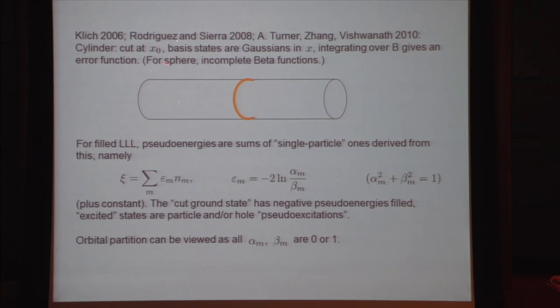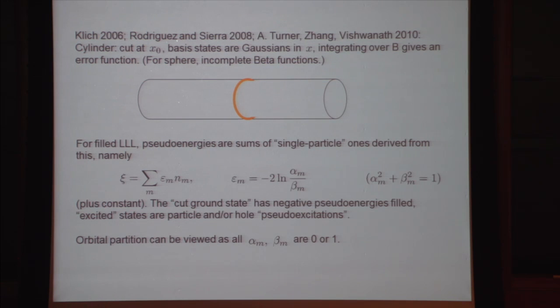All right, so this was actually studied in some free fermion problems a bit earlier. And so what happens if we go back to the case of the cylinder, for simplicity, if I make a cut somewhere at x0, my basis states are basically Gaussians in x, centered at my ky. So I cut them into two parts. If I integrate the part of it that lies in part B, what I get is an error function, right?